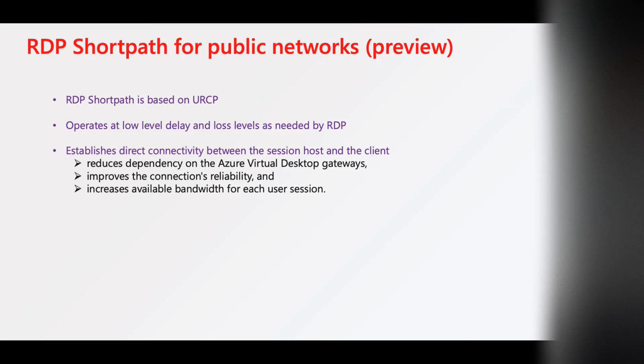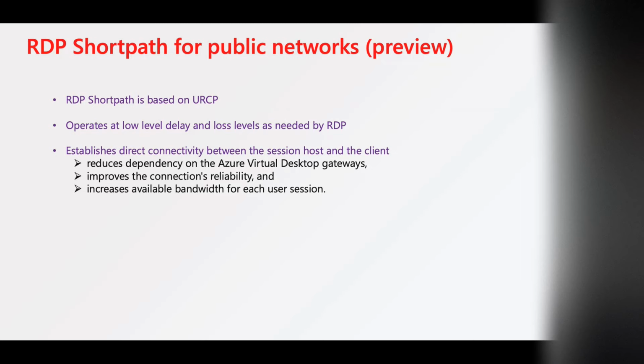This is supposed to improve the reliability of the connection, especially if you are coming on low bandwidth networks. But of course, if you are already on a high-speed connection, it gives you much better latency.